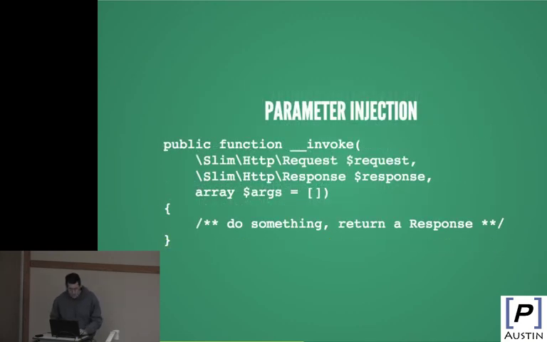So parameter injection, as mentioned prior, in this case you're talking actually about function calls. You're getting into the realm of functional programming here. If this looks kind of familiar, it is the request response middleware method that you end up with on, say, Slim 3.